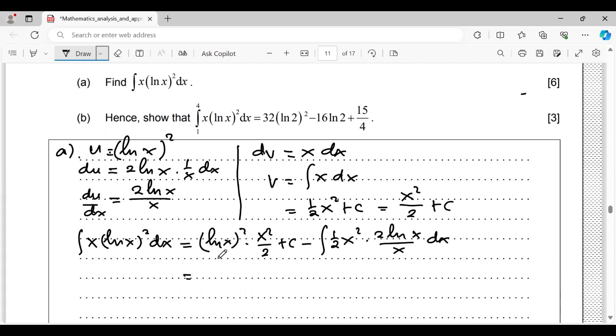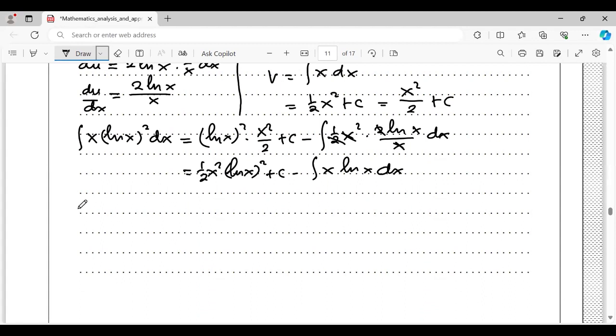It becomes half x squared (ln x) squared plus c minus, it is divided by x, so integral x ln x dx.